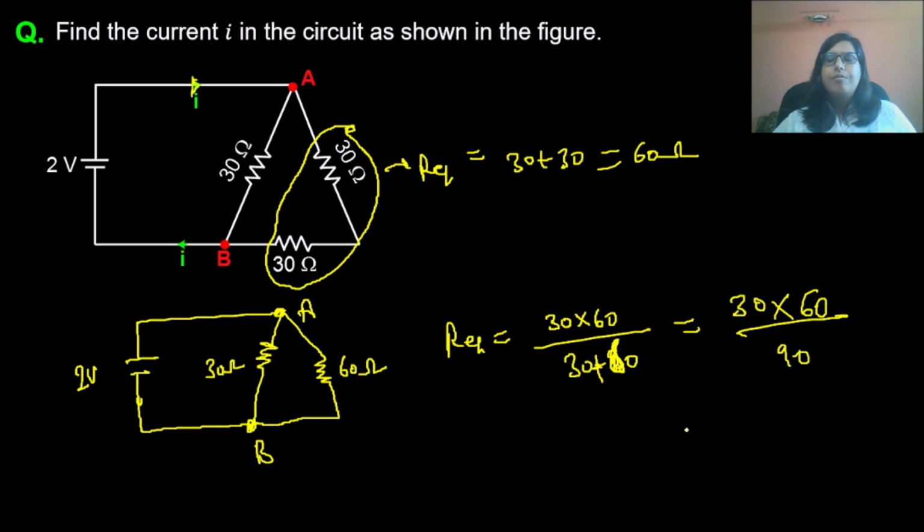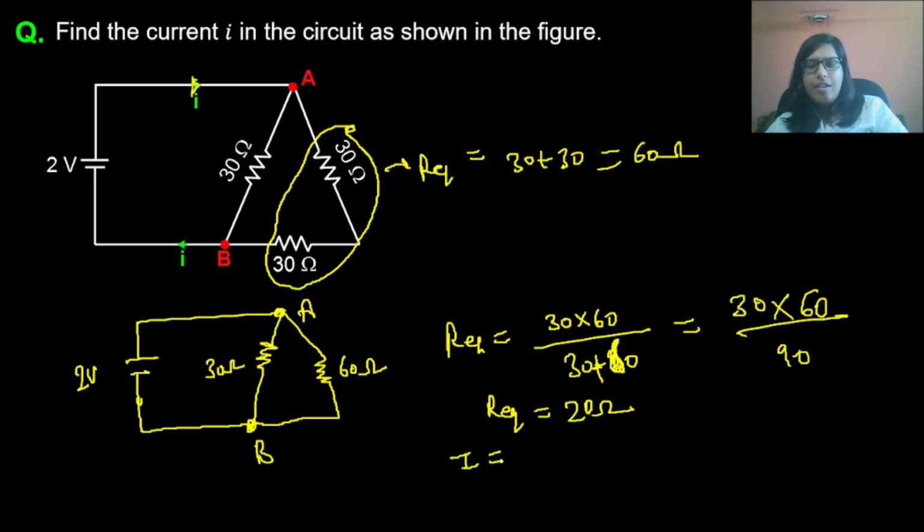So this becomes, not 2 ohm, 20 ohm. Right? So current will be V upon R equivalent. V is 2 volt, R equivalent 20, that means 0.1 ampere.